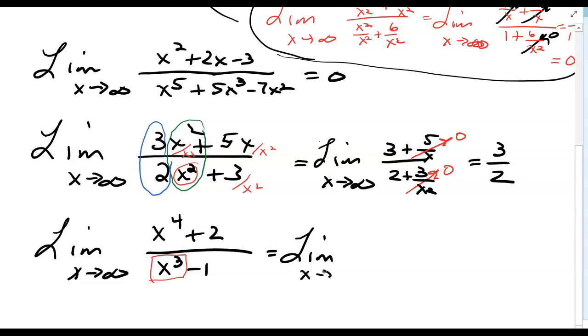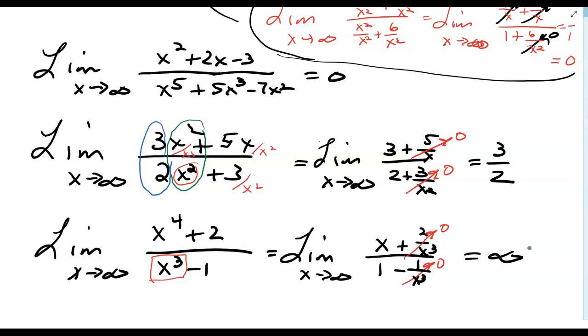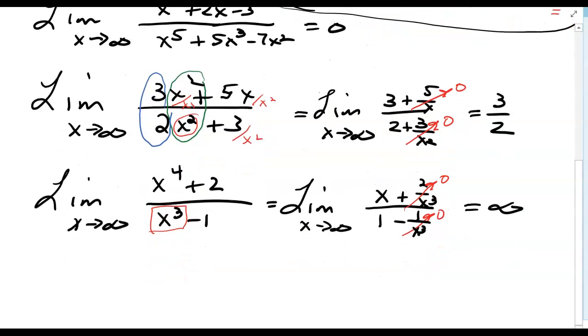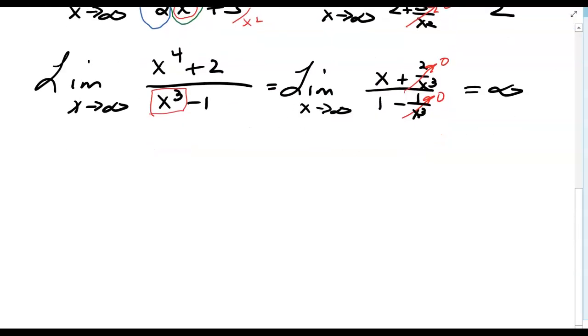If I do that, I get x plus 2 over x cubed, 1 minus 1 over x cubed. Again, 0, 0. So it essentially is the limit of x as x goes to infinity, which comes out to infinity. So when the larger exponent is in the numerator, we just get infinity. So understanding those 3 rules will come in handy as we progress through this chapter.